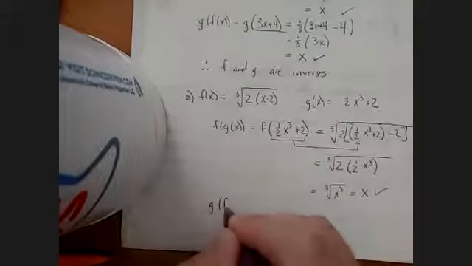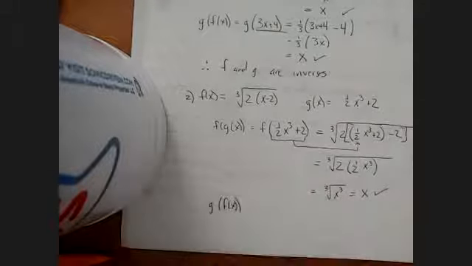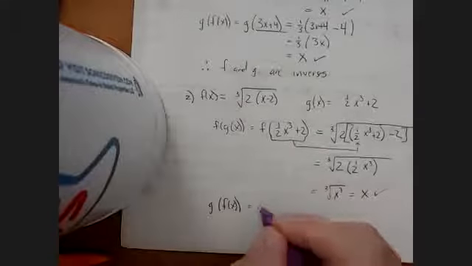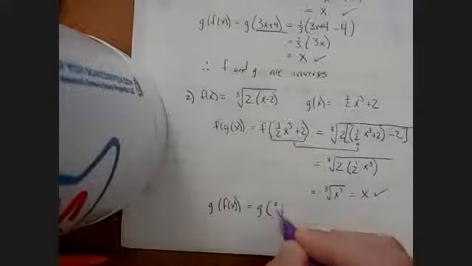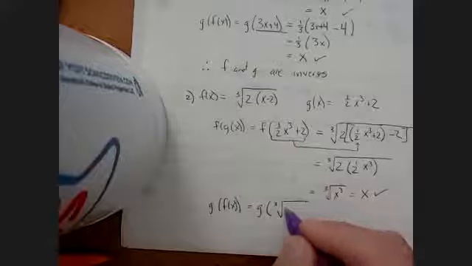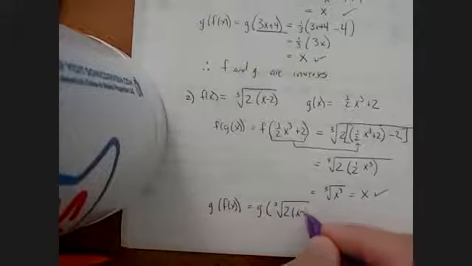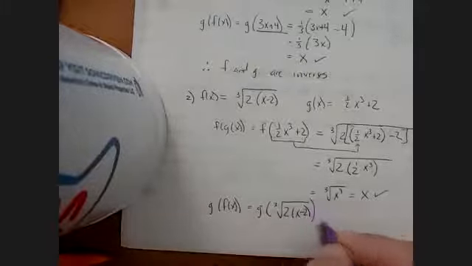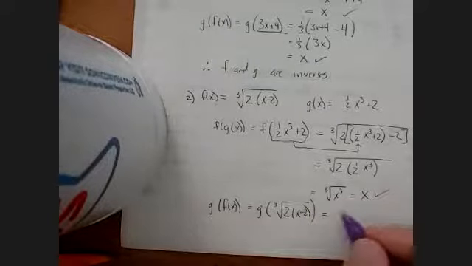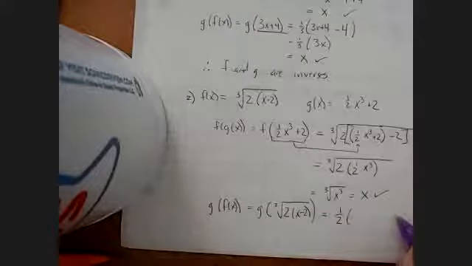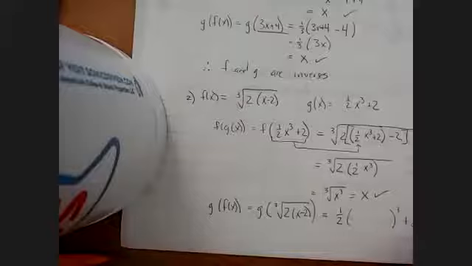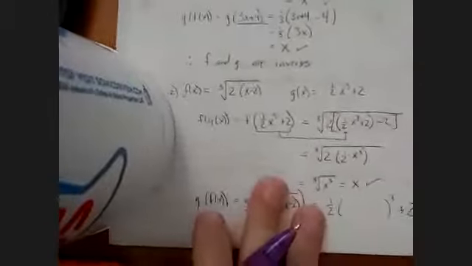Then we'd have to show the other one, g of f of x. So g of cube root of 2 times x minus 2. So we go to the g function. There's another way to try to keep straight of what's going on. I wrote the g function without the input.